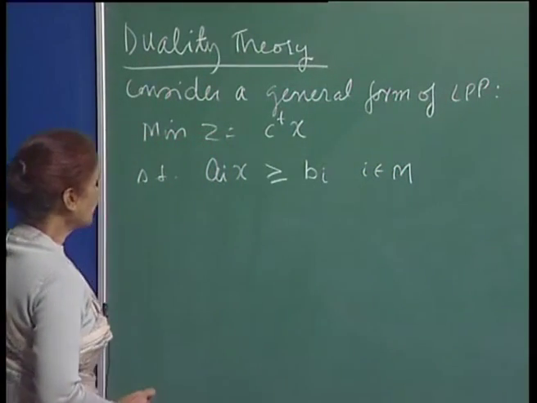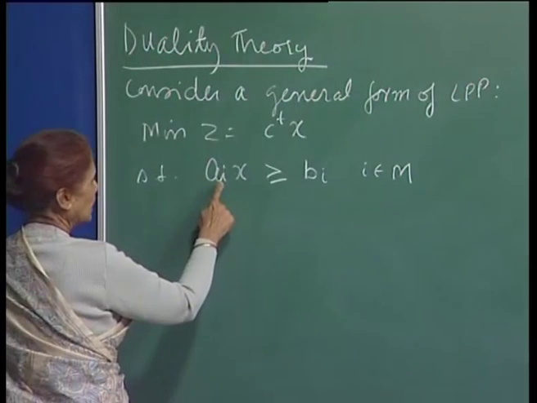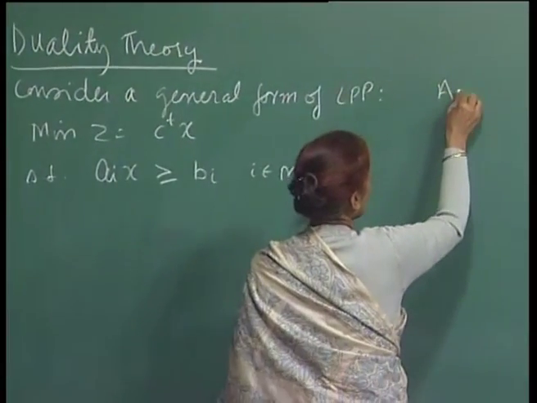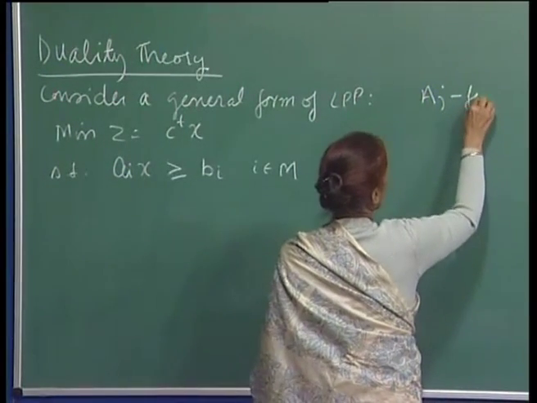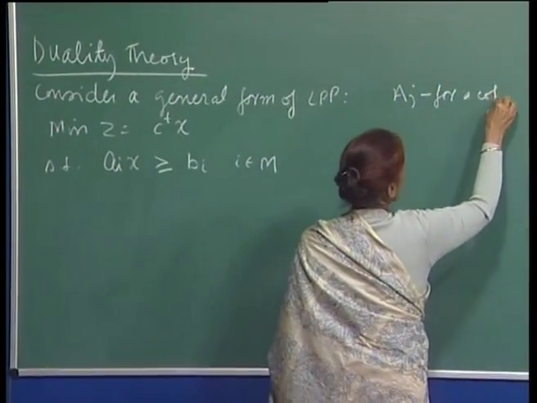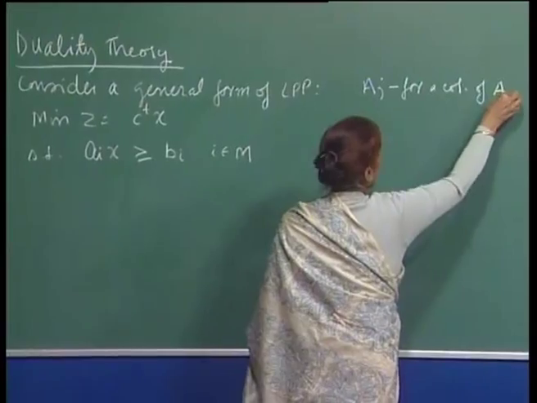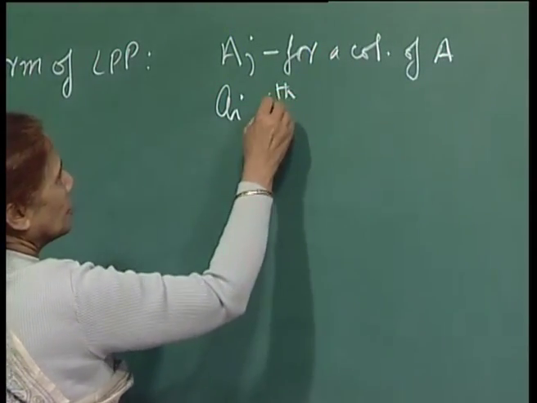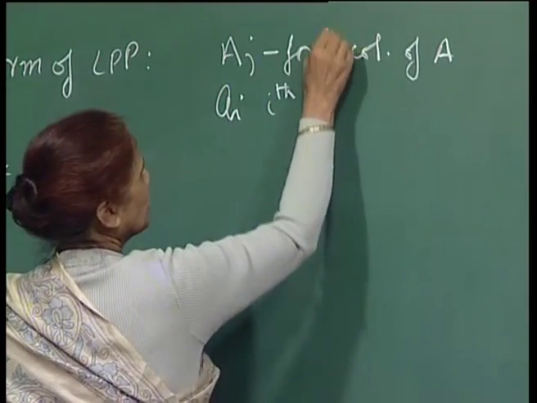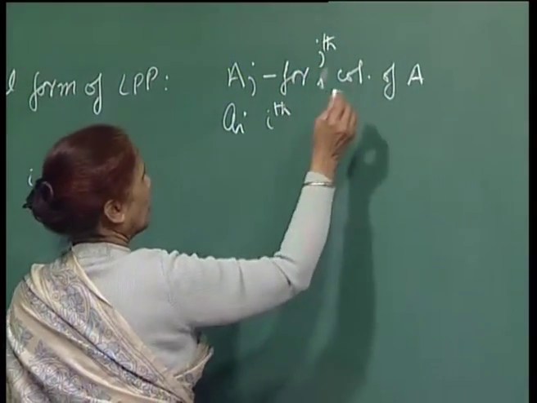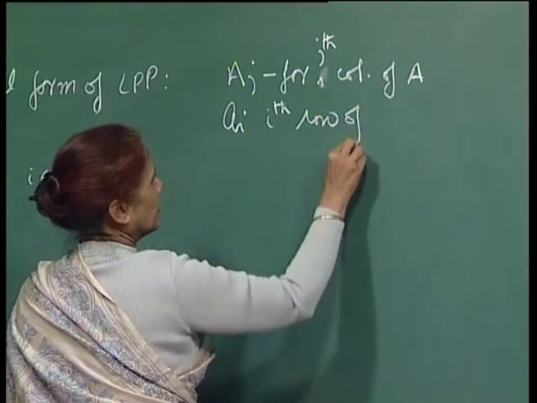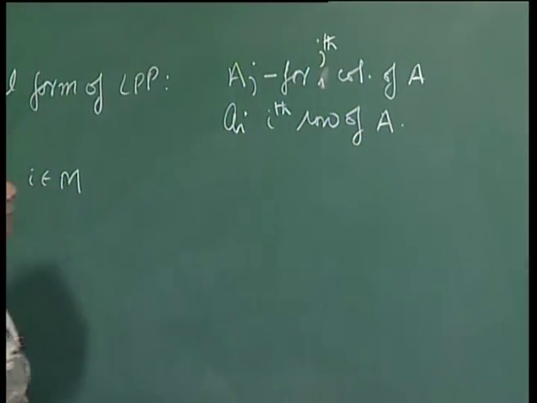So, these are inequality constraints of the greater kind. Here the notation is that I have been using a_j for a column of A, the jth column, and a_i is the ith row of A. So, I suppose it should not be confusing.